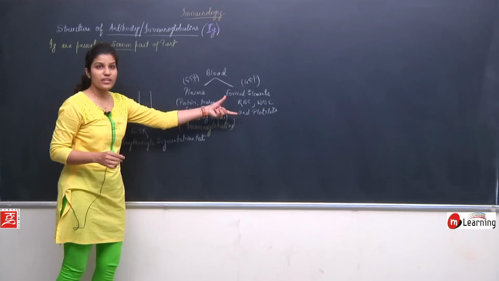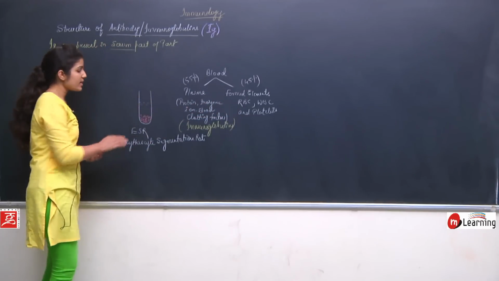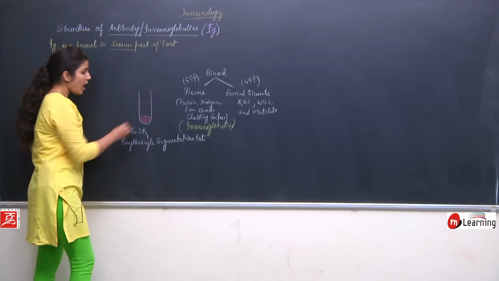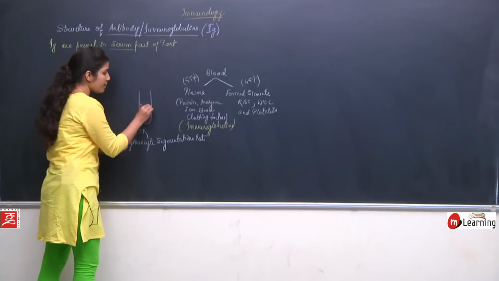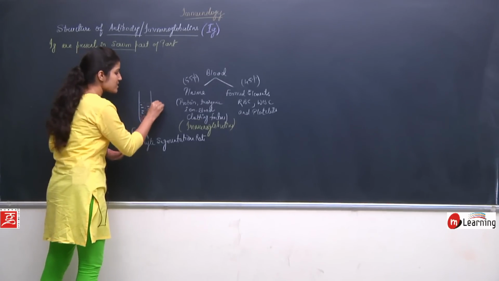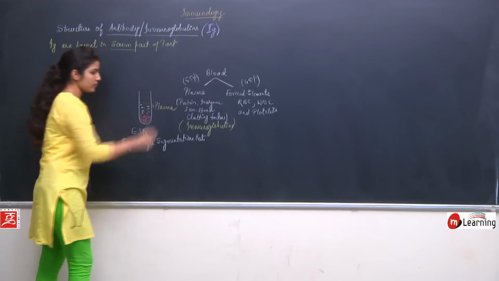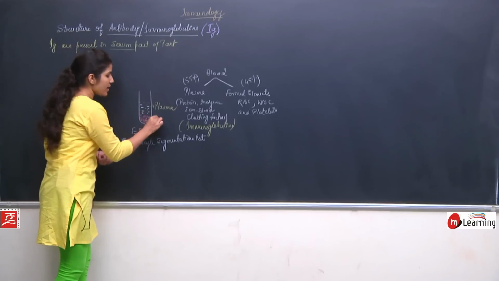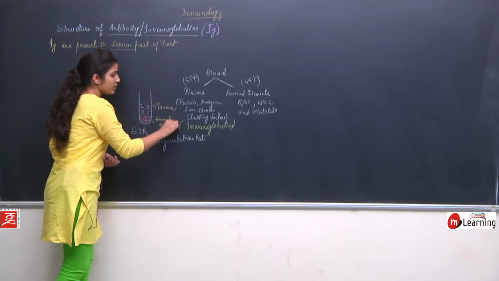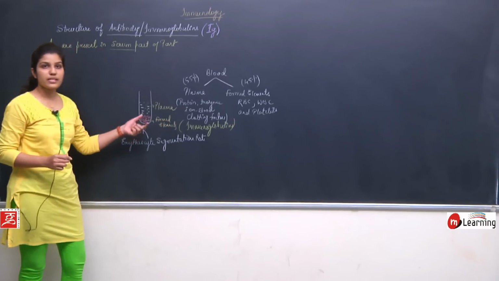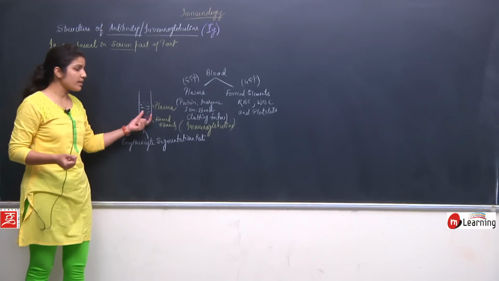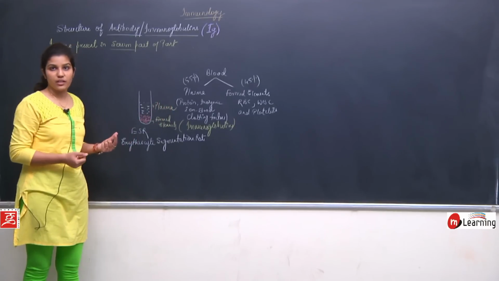Their sedimentation rate is quite high, so they get sedimented at the base of this tube, and the upper remaining fluid was plasma. This was plasma and this was our formed elements. They were sedimented because they were heavier than our plasma.